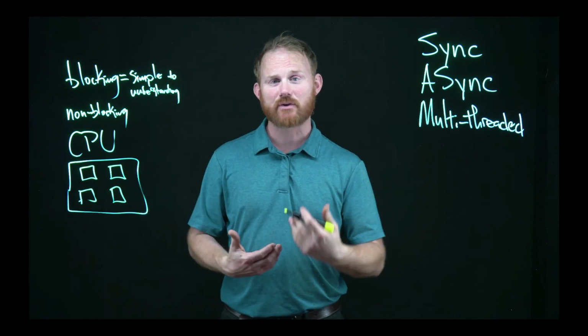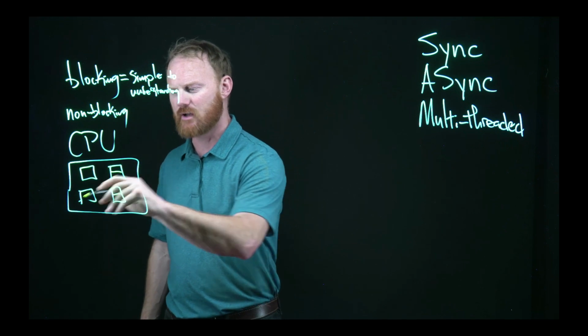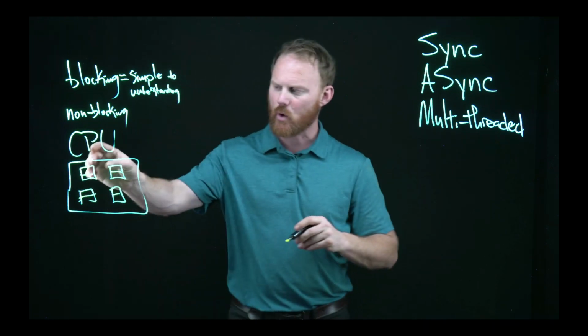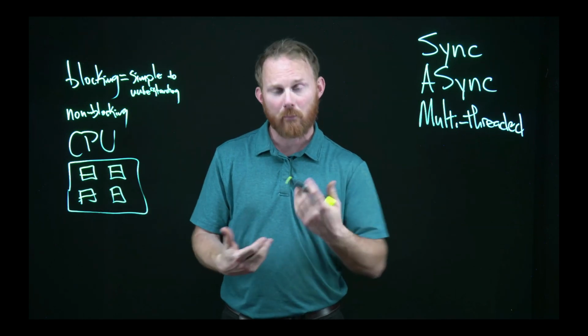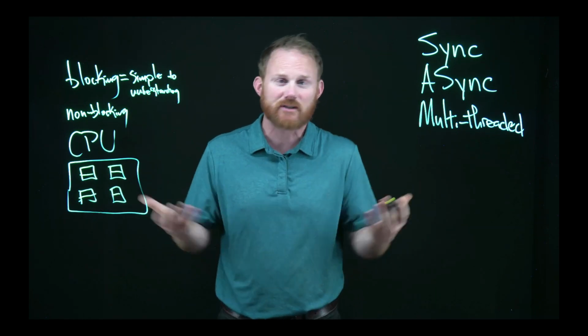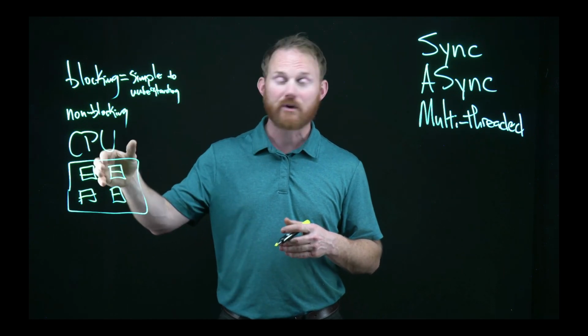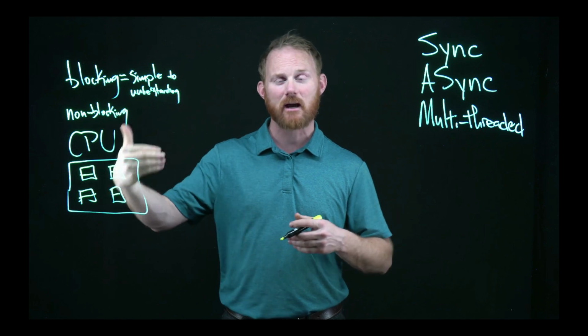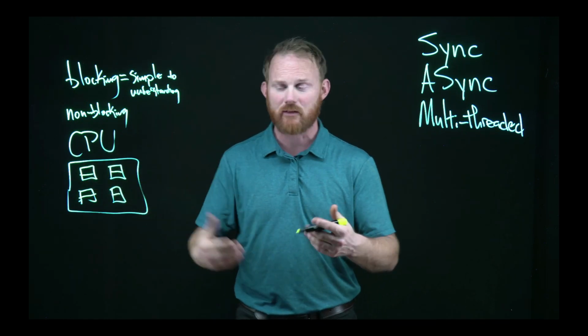A core is actually made up of 2 individual threads. So I'm going to put a slash there to demonstrate. This core has 2 threads, same here, same here, same here. Each thread is capable of running a command, of executing some computational power. And so multi-threading is able to take advantage of all of that. So again, a 4-core system would have 8 threads.